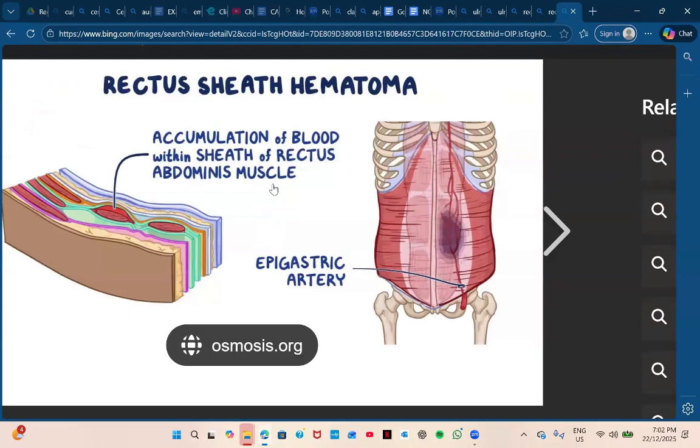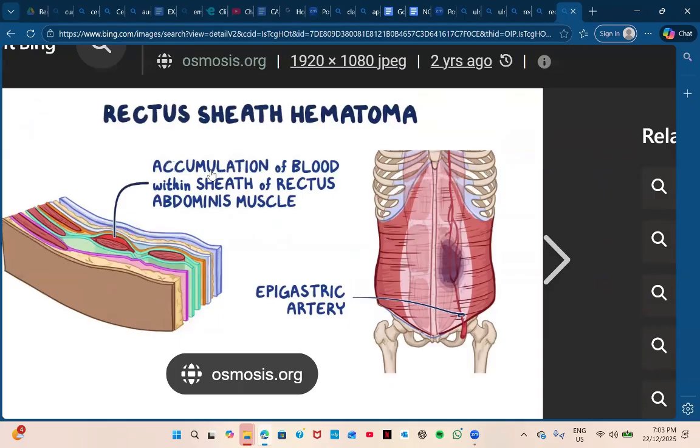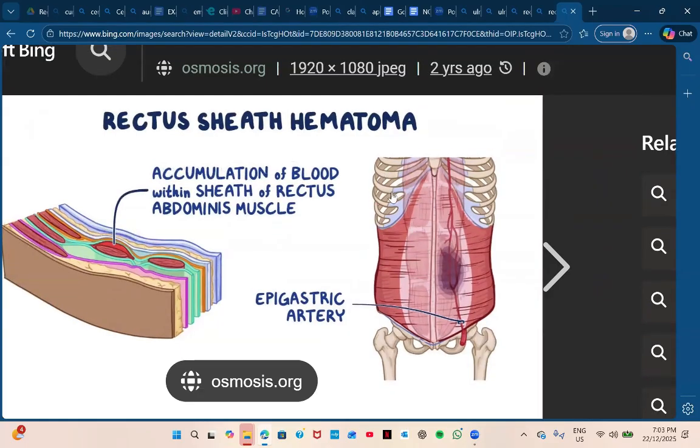Accumulation of blood within the sheath of the rectus abdominis muscle. So that's why we call it rectus sheath hematoma, right? It's accumulation of blood in the rectus sheath due to the epigastric artery. The epigastric artery causes the bleeding and the accumulation of blood here.